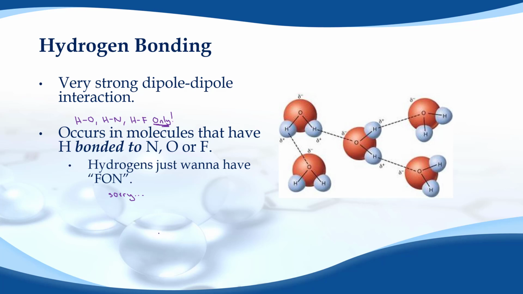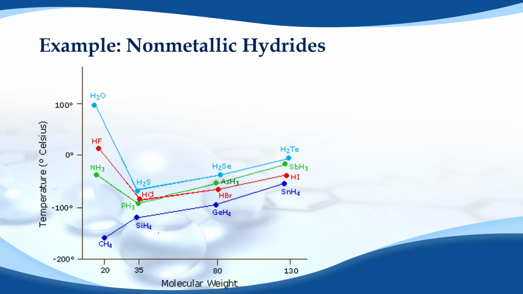As an example of how strong hydrogen bonding is, this chart on this slide shows you the boiling point of a bunch of different compounds. Now notice those three compounds, NH3, HF, and H2O on the left-hand side. You see how their boiling points are significantly larger than anything else in the same color scheme, right? The color scheme, by the way, goes down columns.